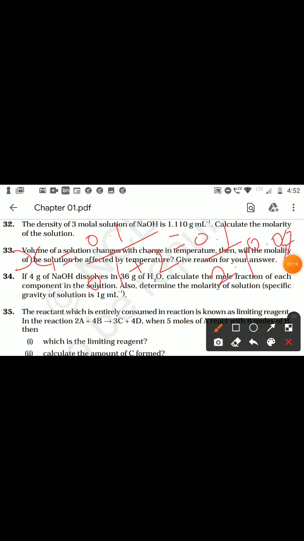Okay, 0.047 is the mole fraction of the NaOH.